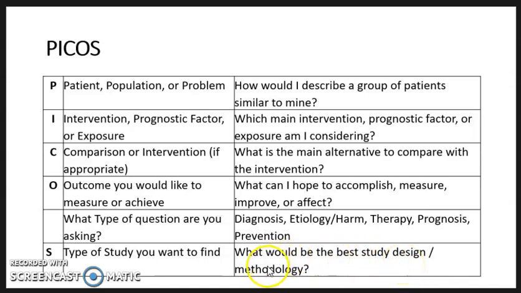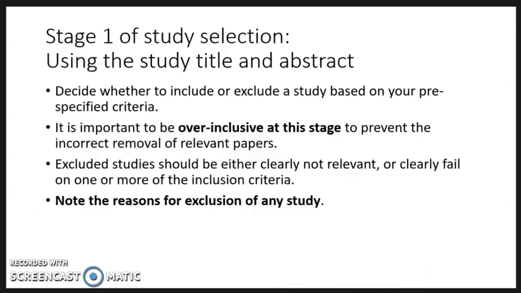So how does this help you? So this is stage 1 of study selection, meaning your step 2 just now. Stage 1. How do you select your study? First, you just look at the study title and the abstract first, because I think this is easily available. Yeah, you look at the study title. Maybe when you put in your keyword, you get, I don't know, maybe thousands of articles.